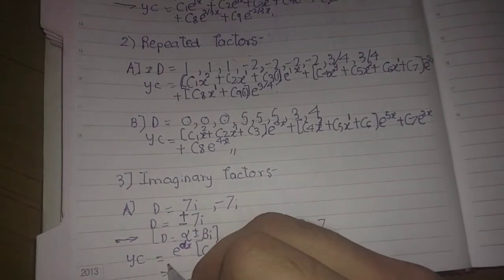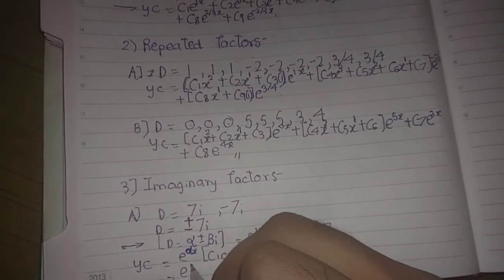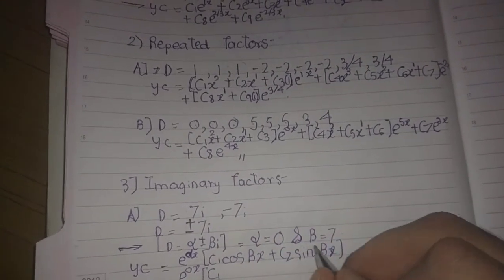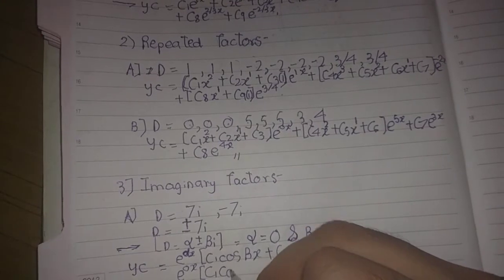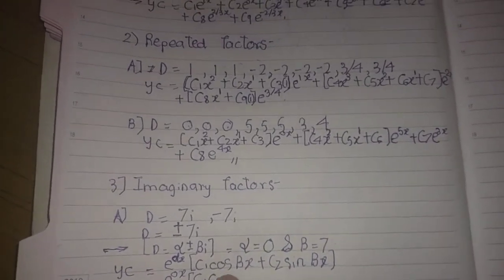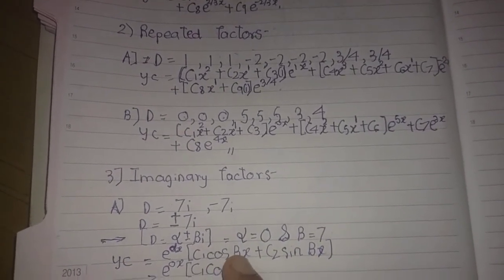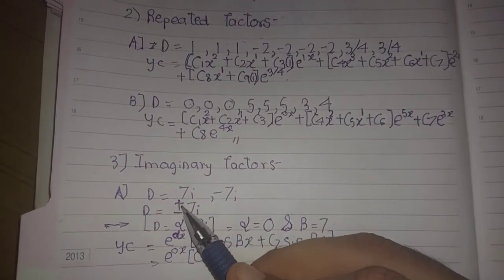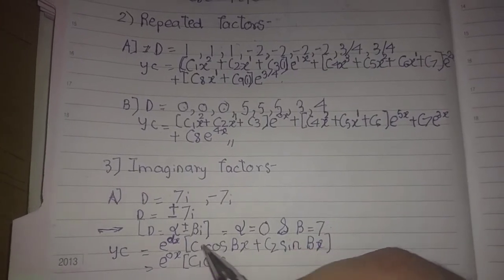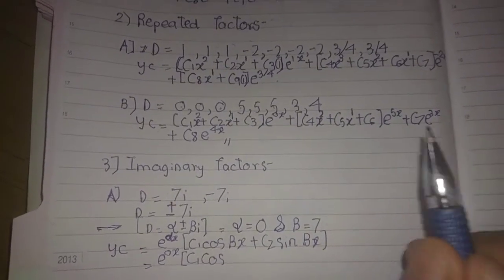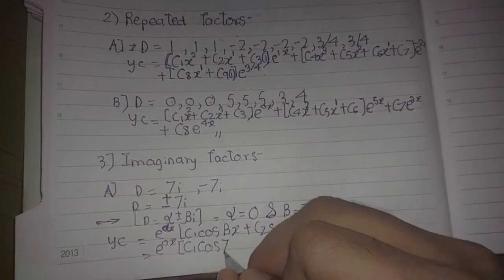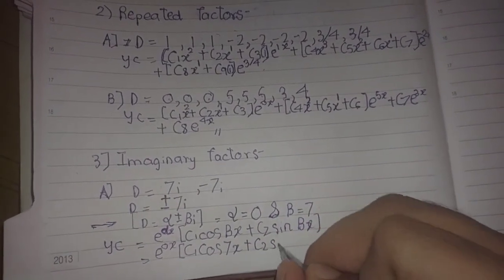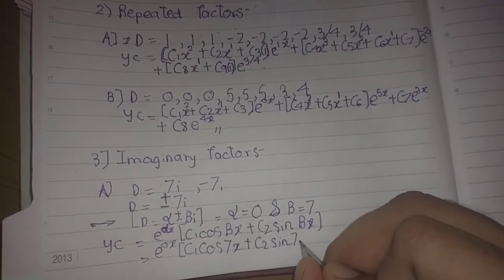As the value of alpha is 0, we are going to write e raised to 0x c1 cos beta. The value of beta is 7, and we can see that there is plus and minus 7 here, so we are going to assume only the positive sign for beta. So cos 7x plus c2 sin 7x.